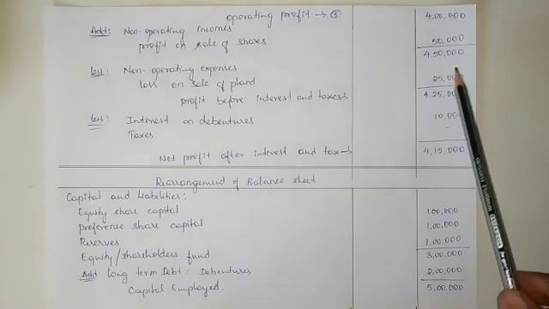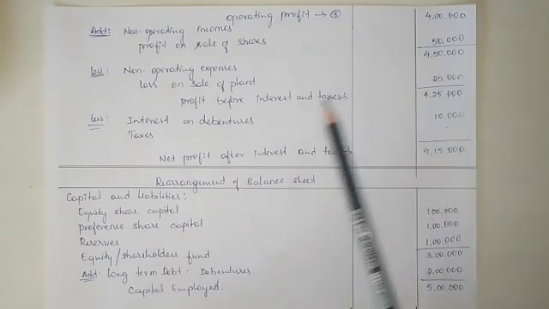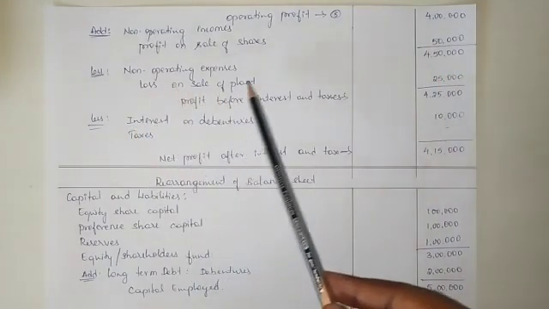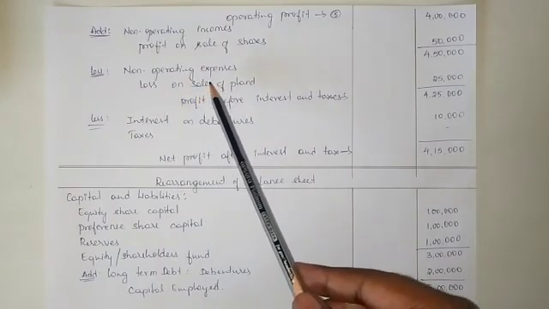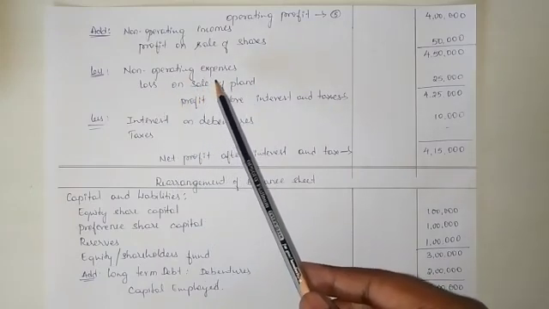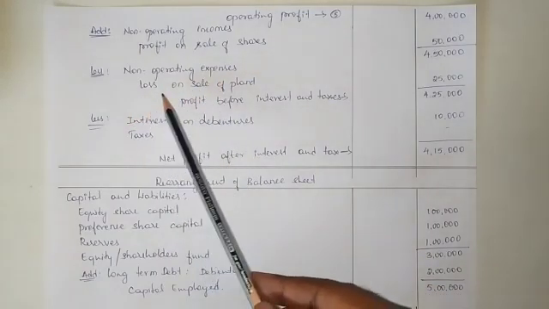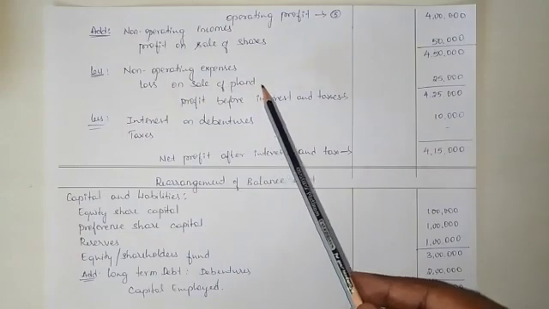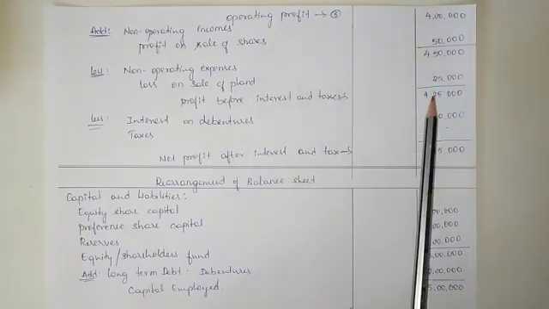So here this is 4,50,000. From this 4,50,000, again, non-operating expenses, if anything is there, we need to reduce. Here one non-operating expense is there, that is loss on sale of plant, rupees 25,000. So after reducing 25,000, we come to rupees 4,25,000.